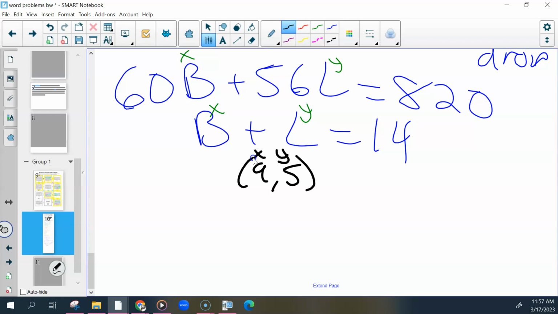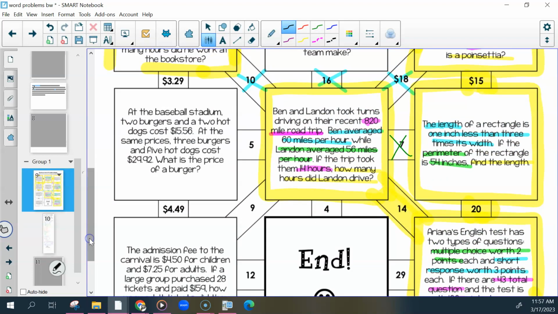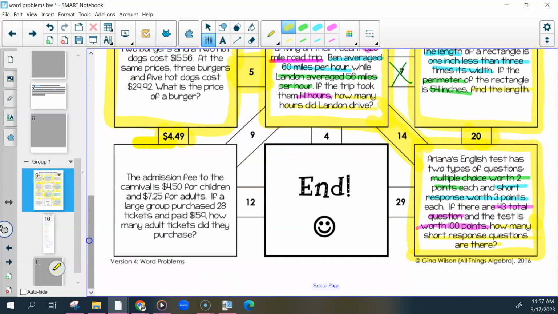Which one are we looking for? And 5 hours. But then there's only one possible answer for this, and one possible answer for this. We are done.